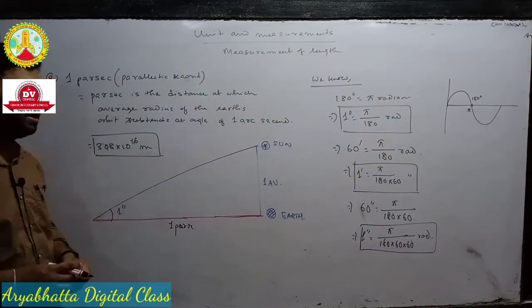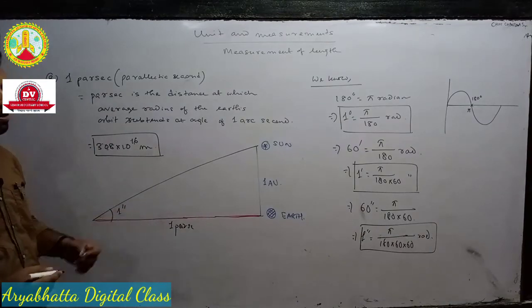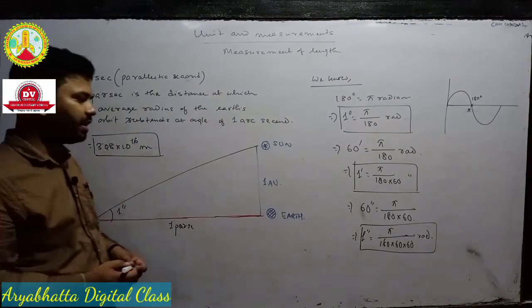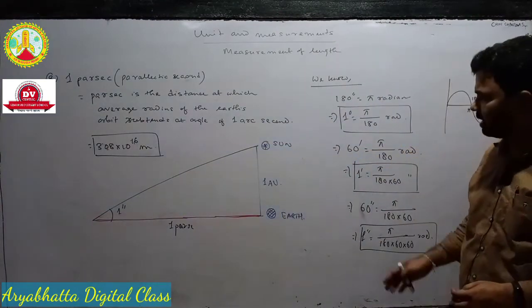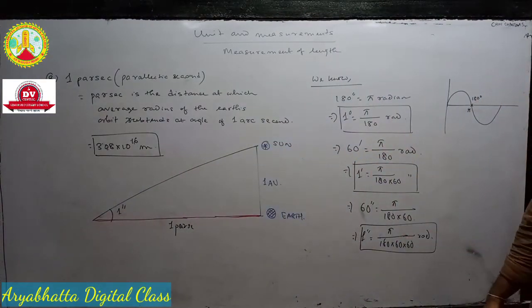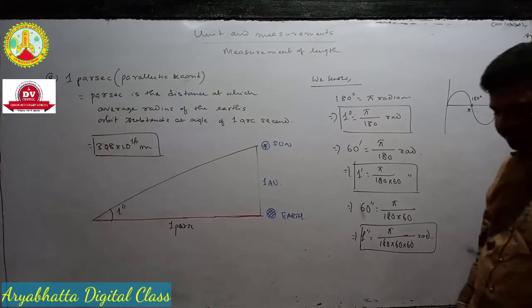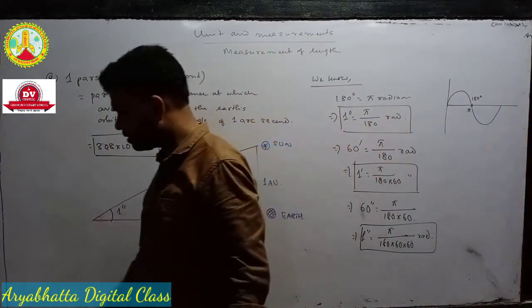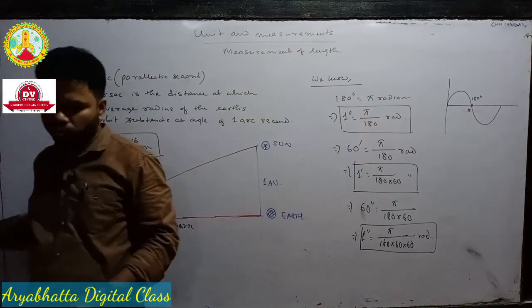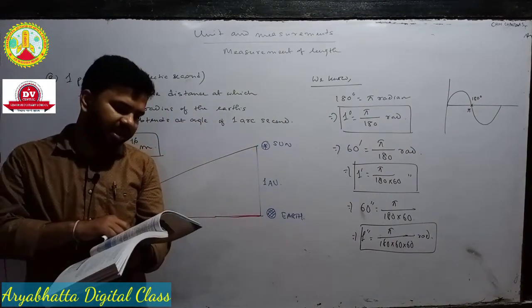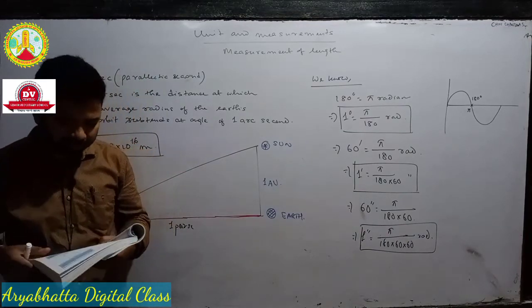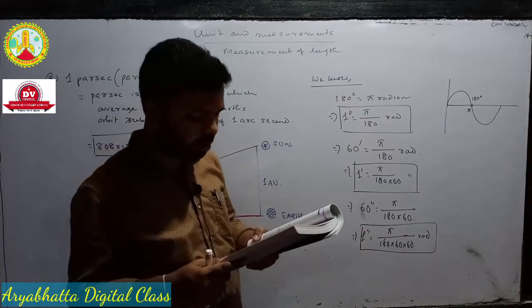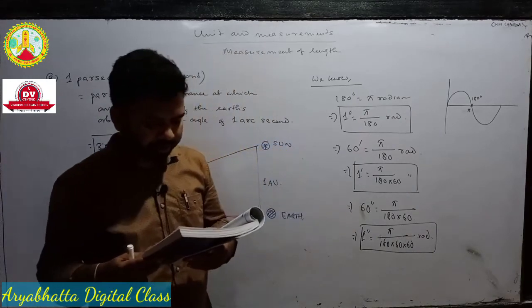We are not doing anything about physics here. We are simply doing some numerical calculation. These things are directly from mathematics. There is no physics here. So this is about the conversion of angle. Based on it, there is a problem in your textbook, Example 2.1: calculate the angle of 1 degree, 1 minute and 1 second.